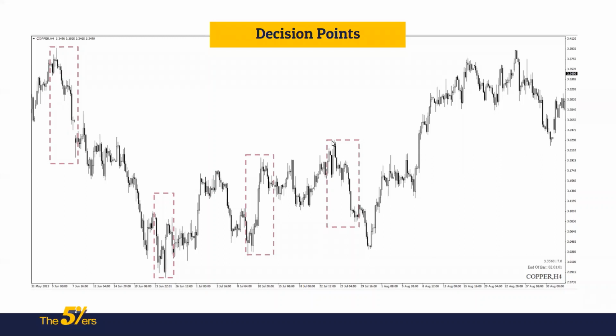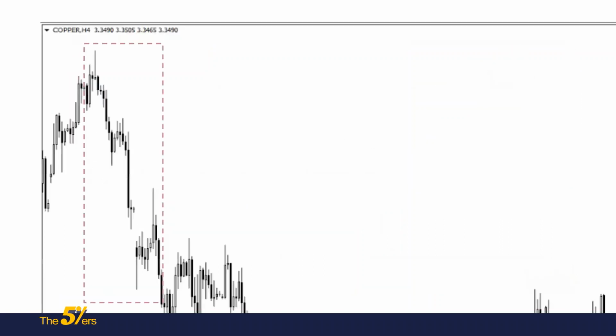Okay, so every time we see an impulse, a base and an impulse, that is where we are going to drill in and look for a decision point. So see how many impulses we have, and that's the only thing that matters in terms of charts.